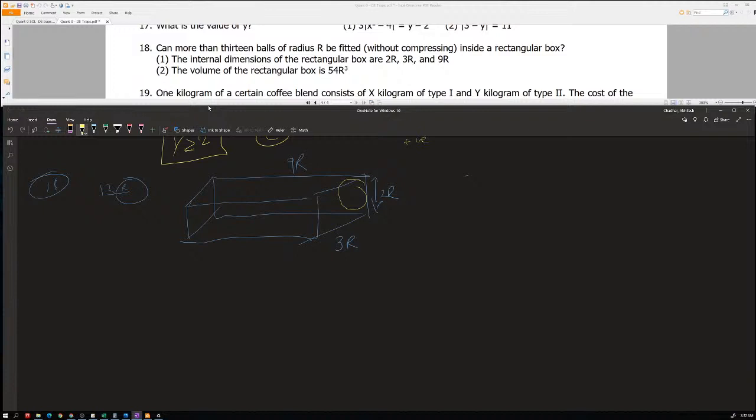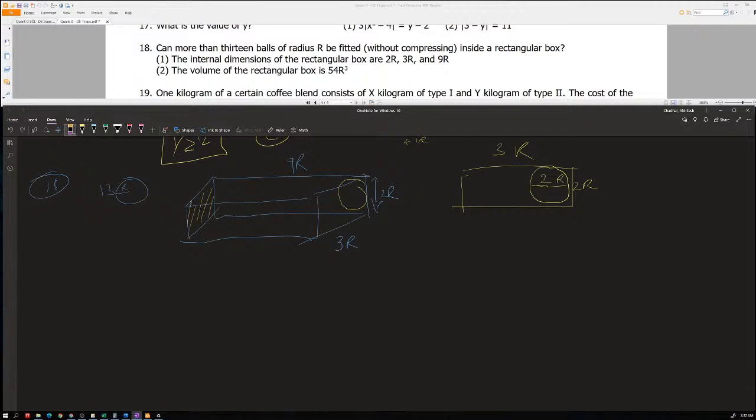Taking this particular rectangle, the dimensions are 2R and 3R. So one ball itself is R, this is 2R here, the whole diameter, and the diameter here is 2R, so you're left with 1R.